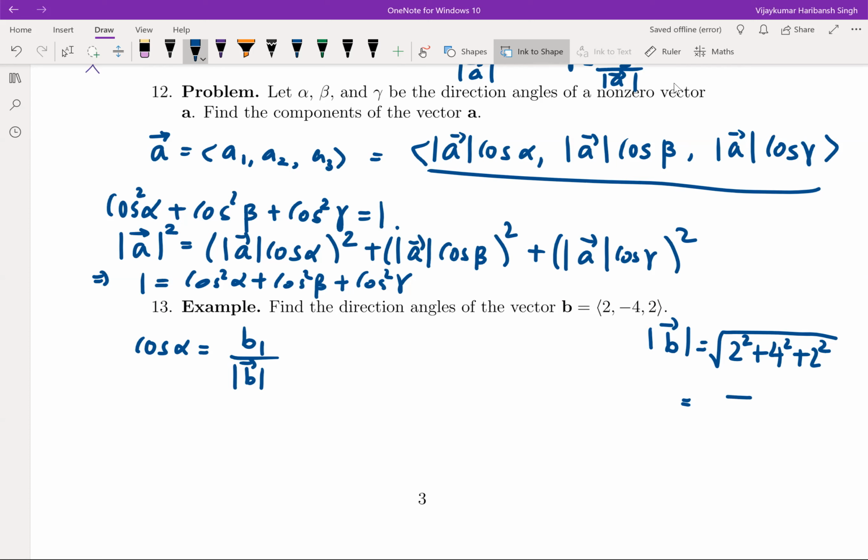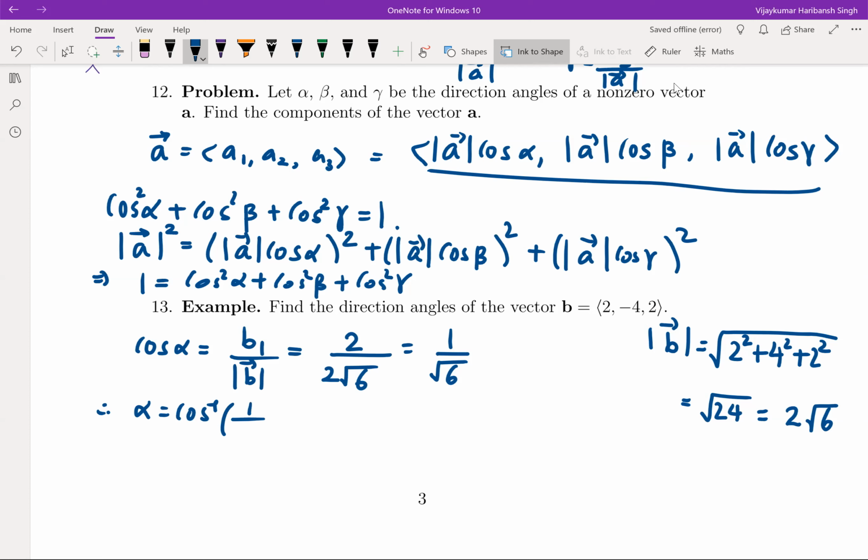So square root of 24, which is, you can take 4 out, so 2 times square root of 6. So cos alpha is going to be B1, so 2 upon 2 times square root of 6, which is going to be 1 by square root of 6. So therefore, alpha equals cos inverse of 1 by square root of 6.